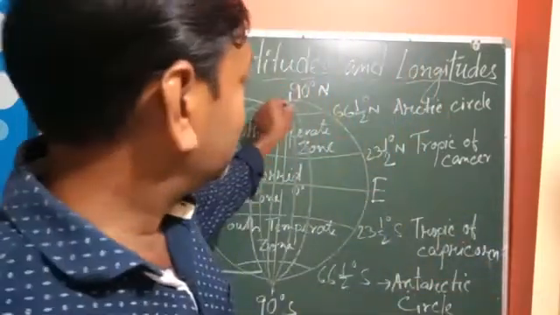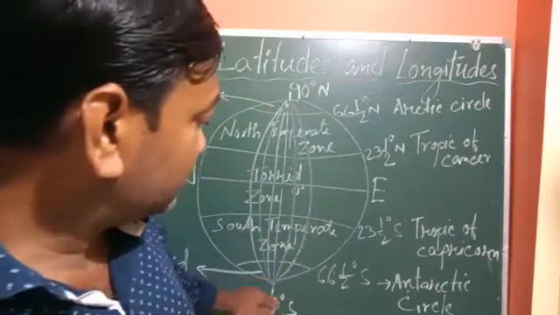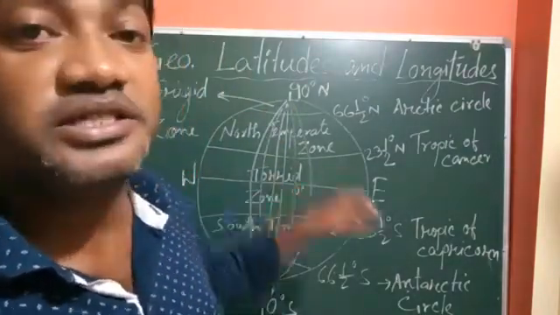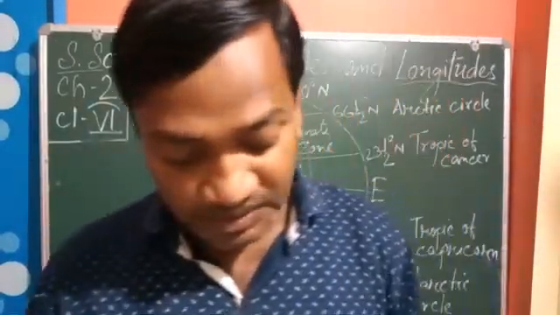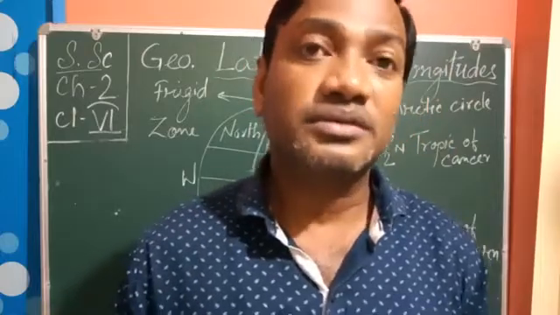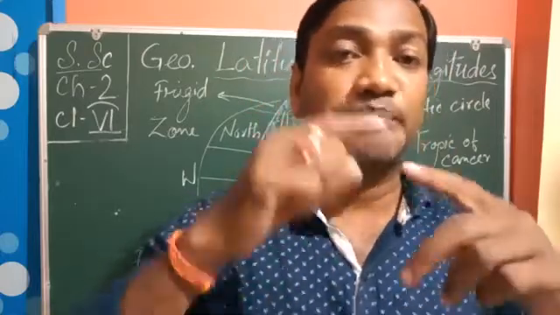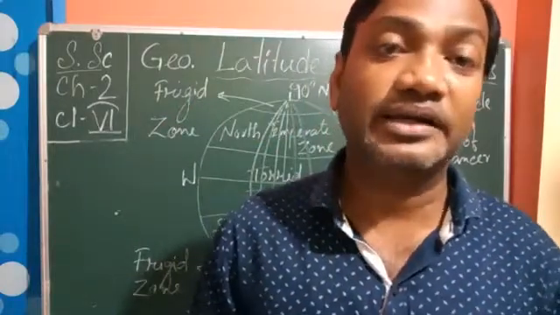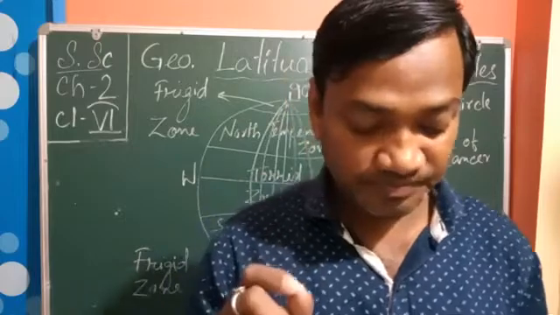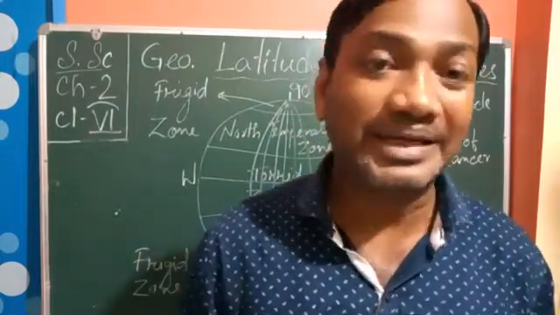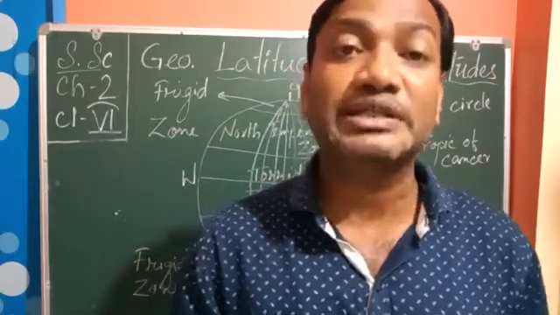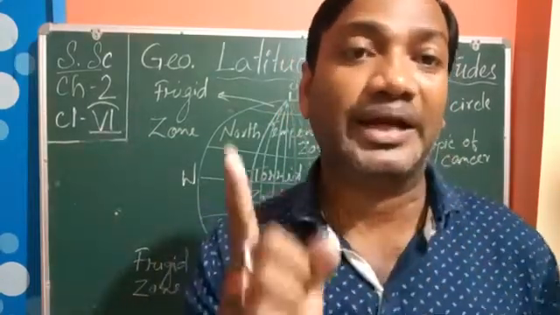Near the poles the distance is less, and when it comes to the middle it is bulging, so the distance is more, about 111 kilometers. Like the parallels, where one parallel to another is 111 kilometers, here also at the equator we find the maximum distance between one meridian and another.